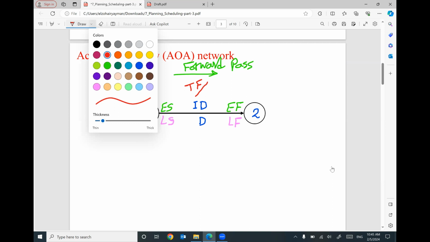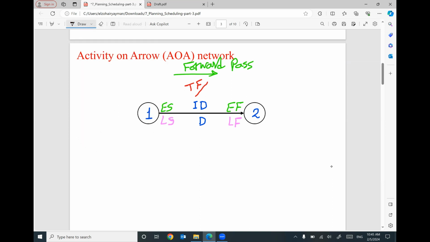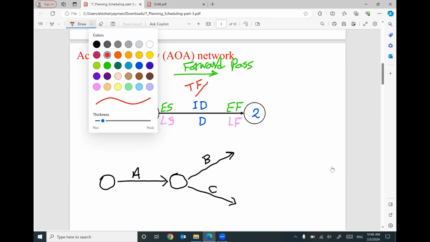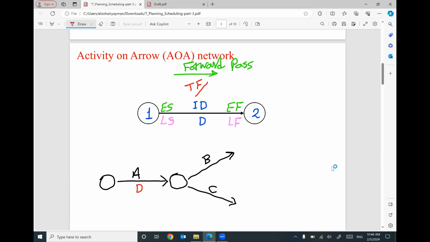Keep in your mind also, just a reminder, if we have a node with an activity here, and we are given another 2 activities coming out. So the predecessor, for example, this is A, B, and C. If this duration is D, the early start for A plus D will give you the early finish.